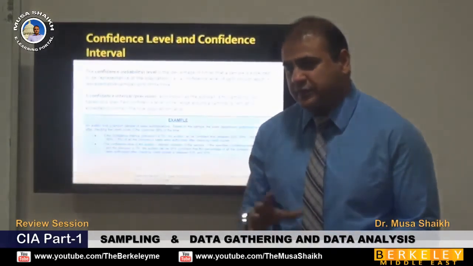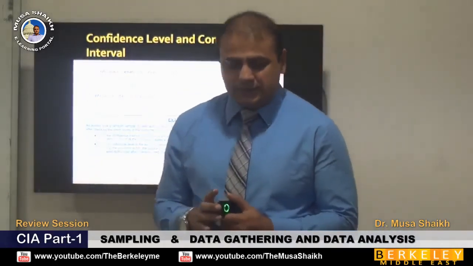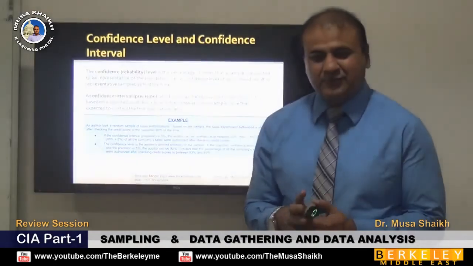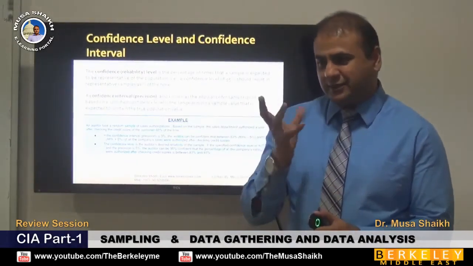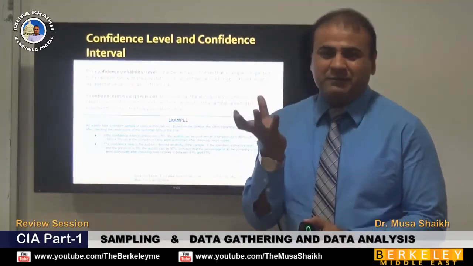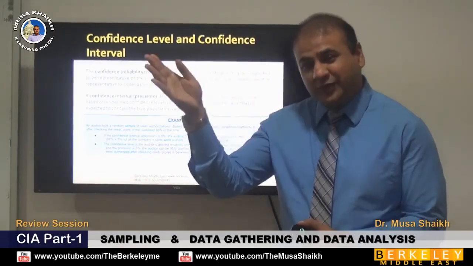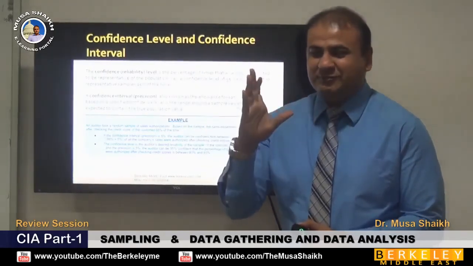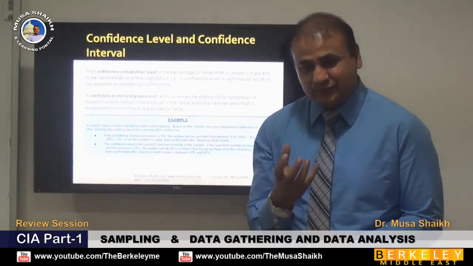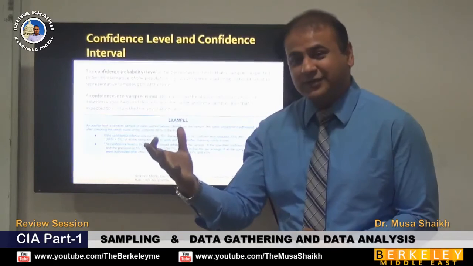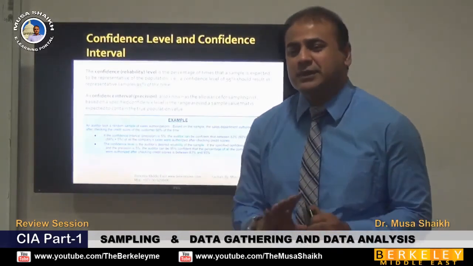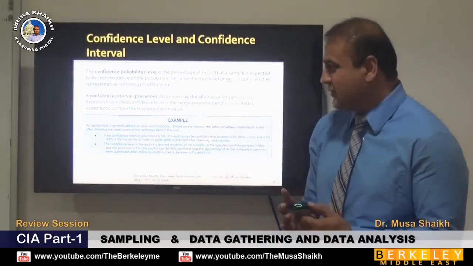For example, in some cultures, you send your parents to the home of a boy or a girl. They see the boy or the girl, and it is a sample. The original population is hidden. So as the confidence level is higher, they assume that the total population is more authentic, reliable, and similar to the sample. This is the concept of confidence interval.